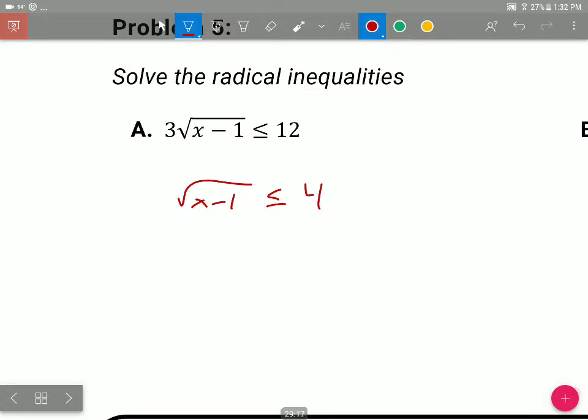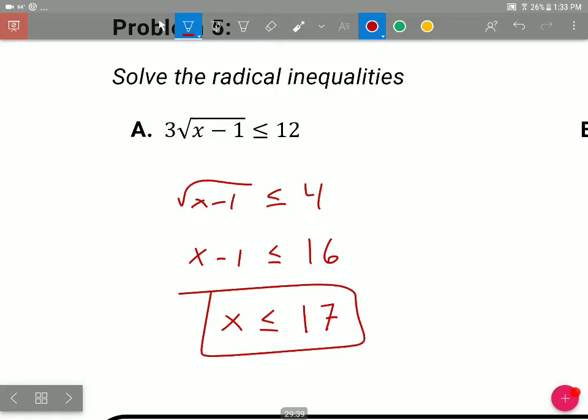Okay, what are you going to do next? Square it. So you get x minus 1 on the left equals what? Not 4. 16. So x is less than or equal to 17. Because you got to add it over there.